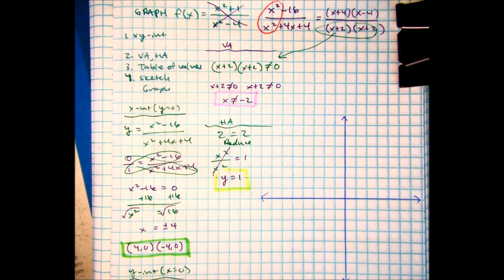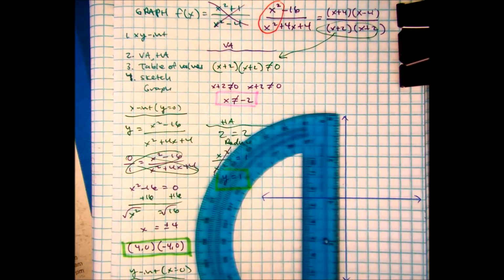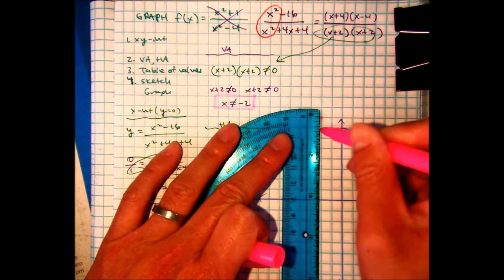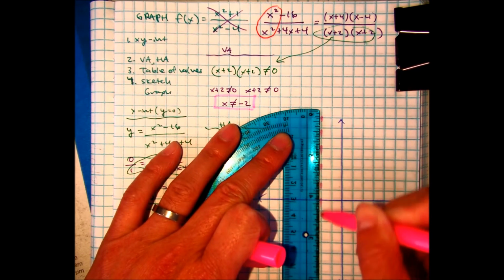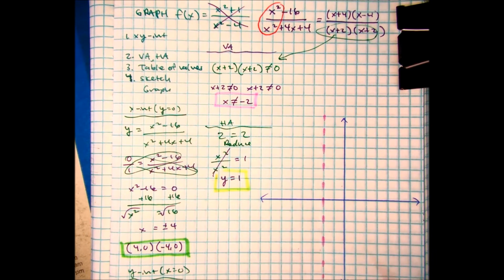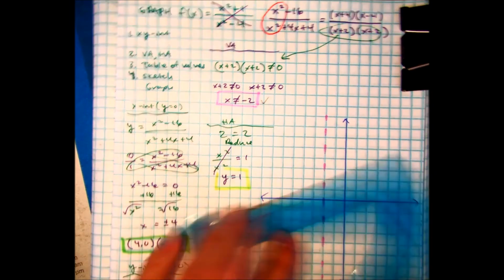Let's graph it. So vertical asymptote at -2. Dotted line, straight edge. Put a check mark by it if you want. I have a horizontal asymptote at 1.